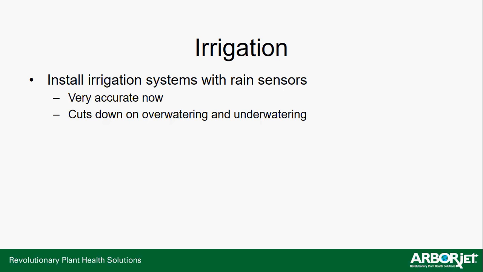Working on irrigation, if you're on a plot of land that doesn't have an irrigation system, installing one is a great way to go, especially one with a rain sensor. Those rain sensors are very accurate now, and the irrigation system is going to cut down on either overwatering or underwatering.